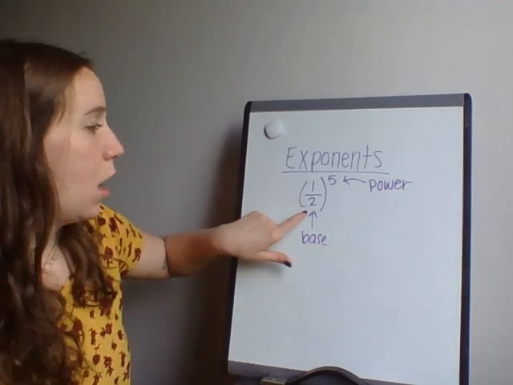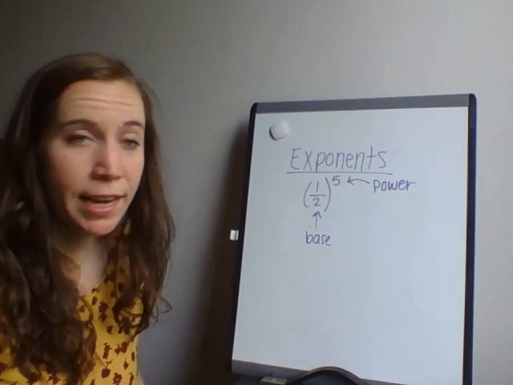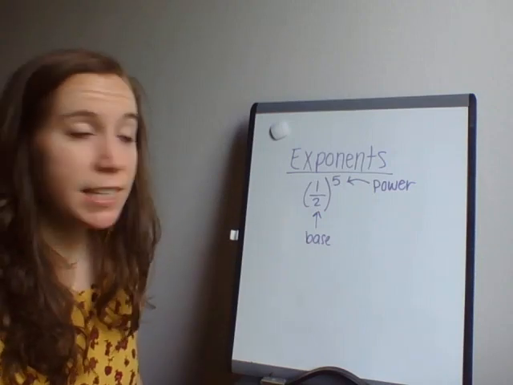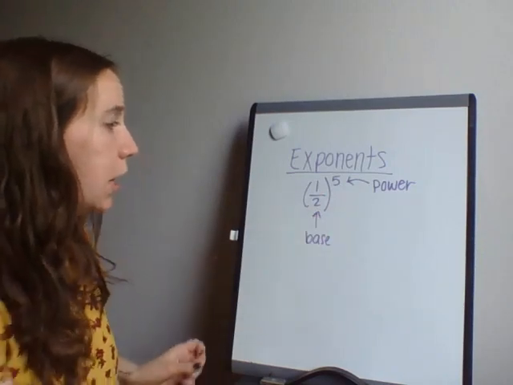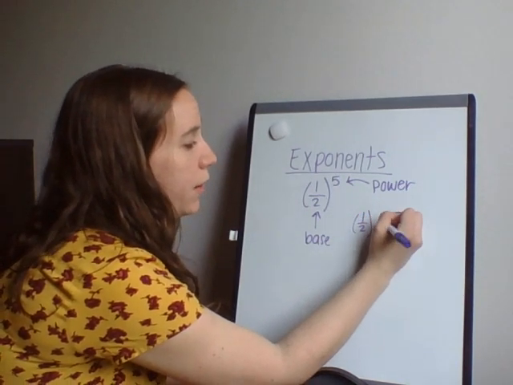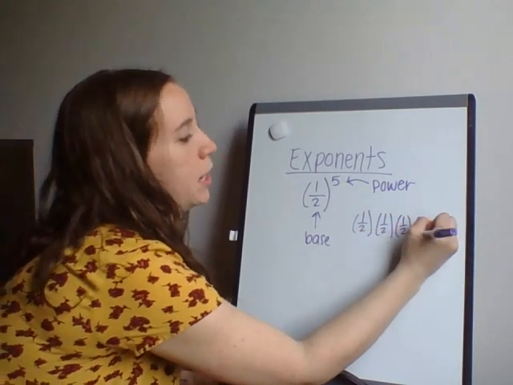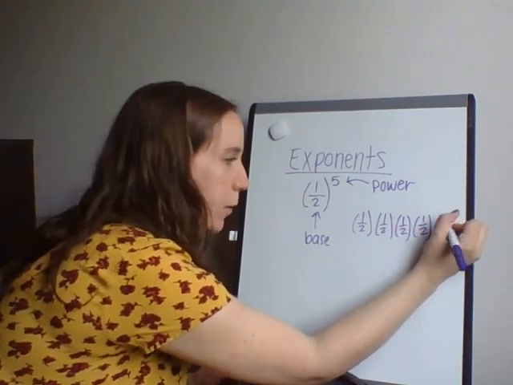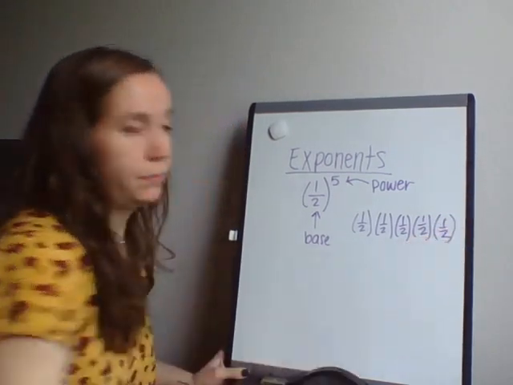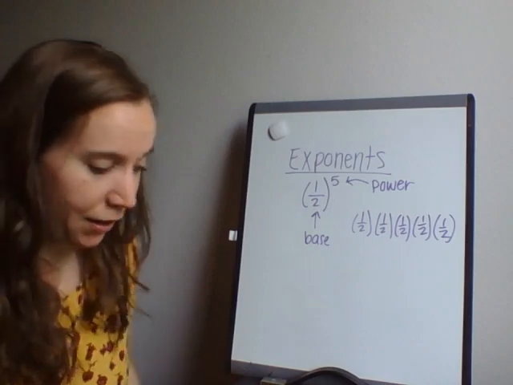The power tells us how many times we are going to multiply the base by itself. So in this case, it's 1/2 to the power of 5, so we are going to multiply 1/2 times itself 5 times: 1/2 times 1/2 times 1/2 times 1/2 times 1/2. This is the same thing as 1/2 to the power of 5.